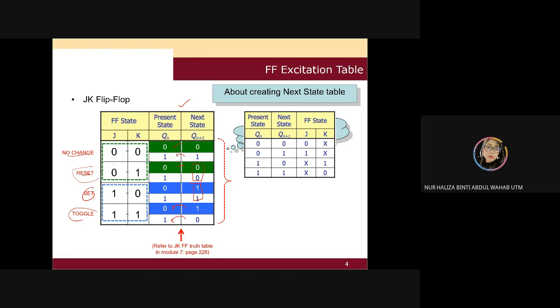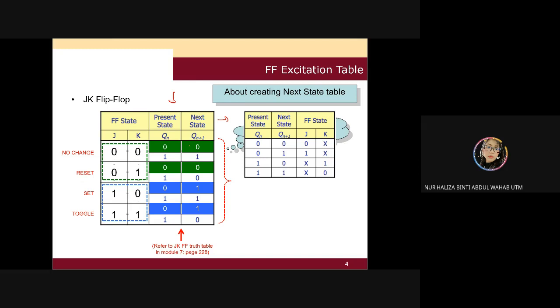It's going to toggle your previous. Okay, by referring to this table, you can come out with another summarization for your flip-flop state and also your present next state table.